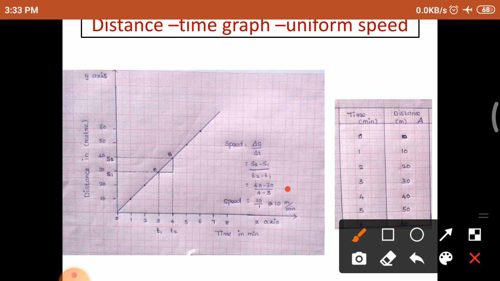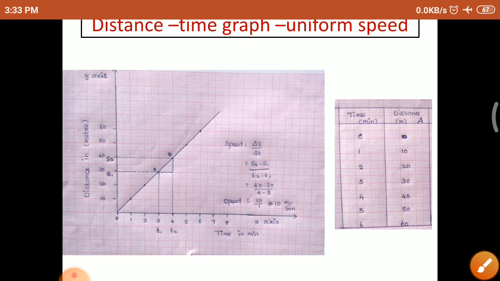If you calculate here, we get the same value. So from this we can say that this graph gives uniform speed. Do you understand how to calculate the speed from the graph?